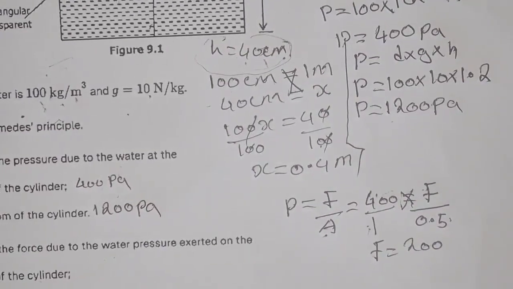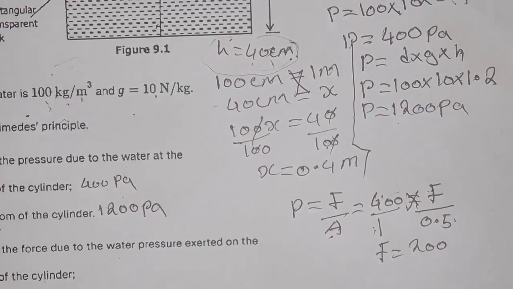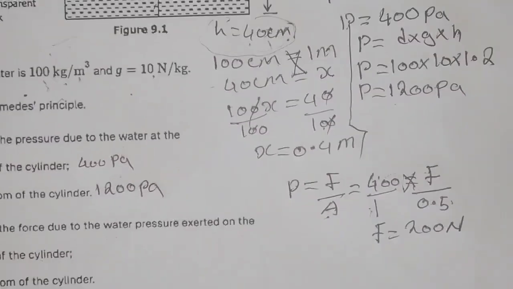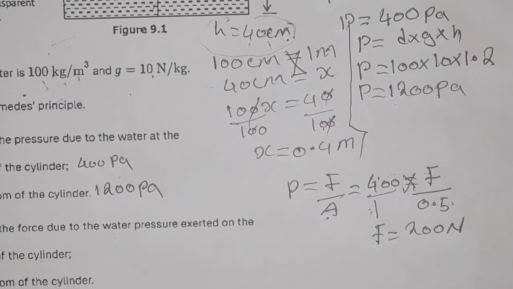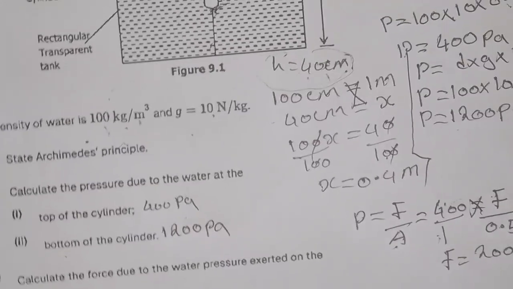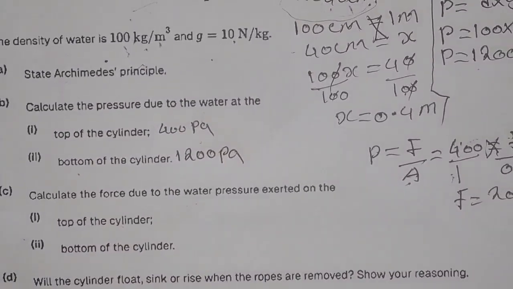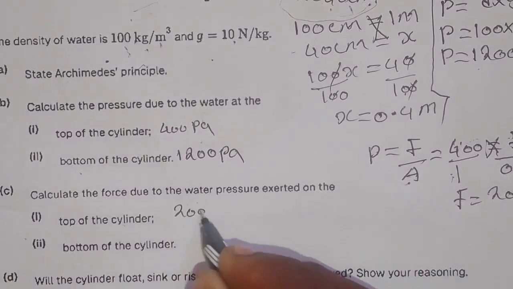And remember, this is force, and force is calculated in Newtons. So we're going to have 200 newtons. So this was the force that was exerted on top of the cylinder.